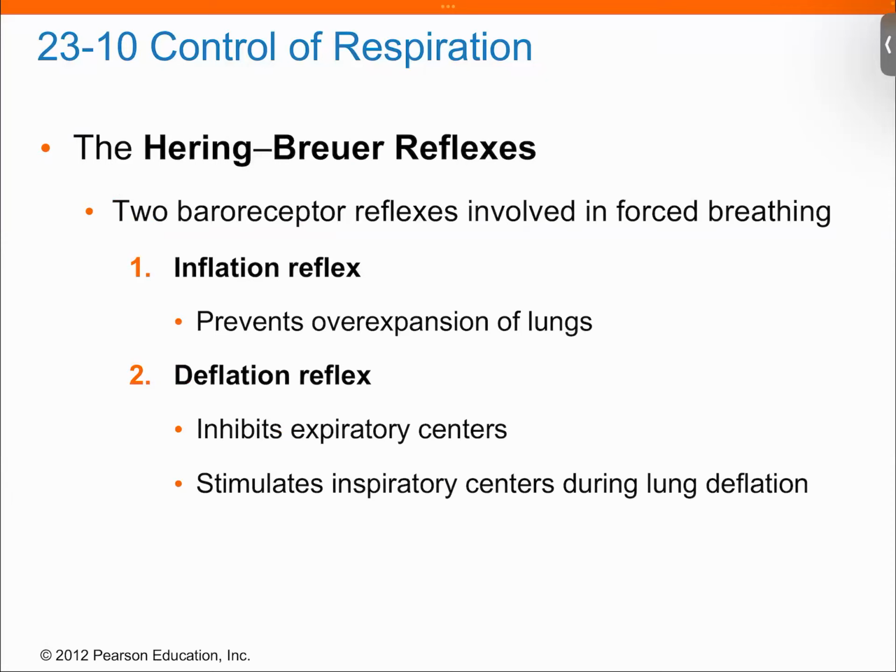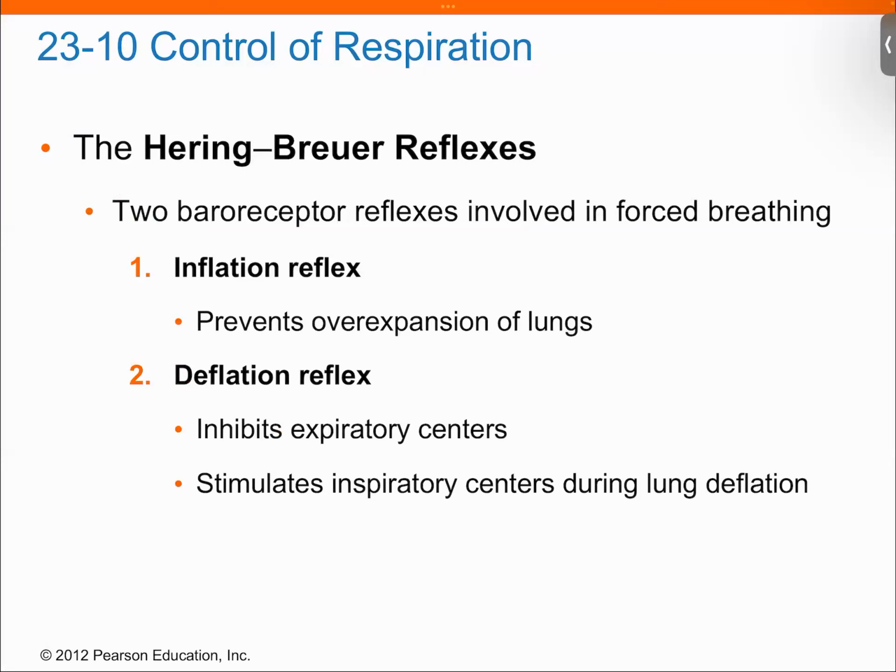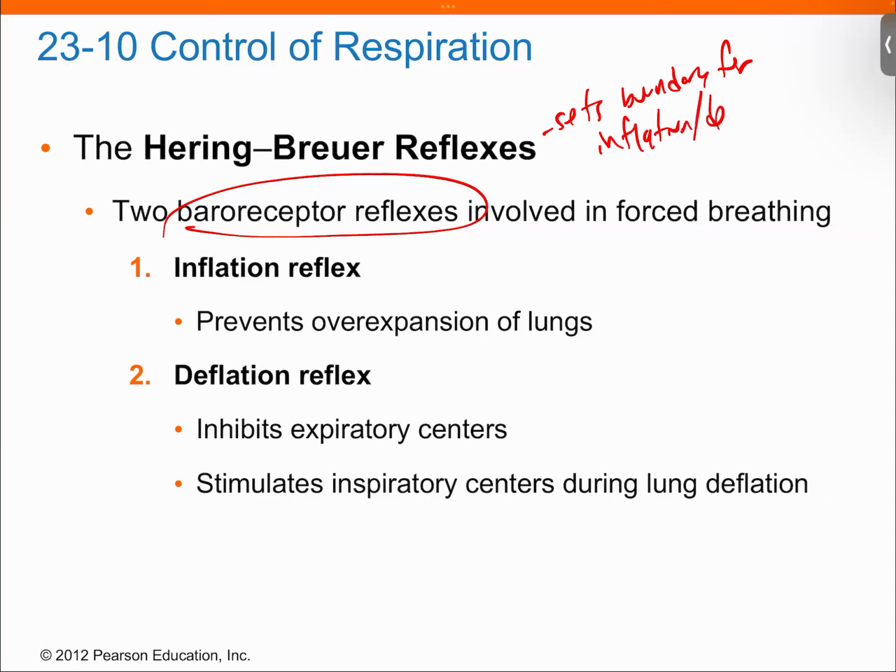And that leads us to the last slide that we have, which is the Hering-Breuer reflex. This is a simple one. This is basically baroreceptors that are involved in kind of an inflation-deflation boundary. So this sets the boundary for inflation and deflation.